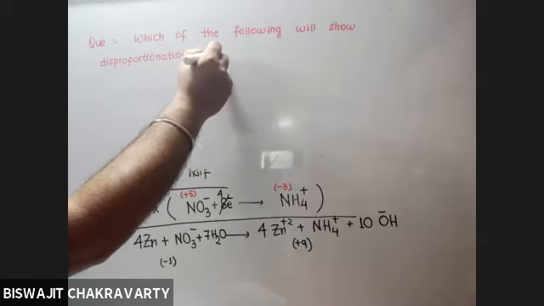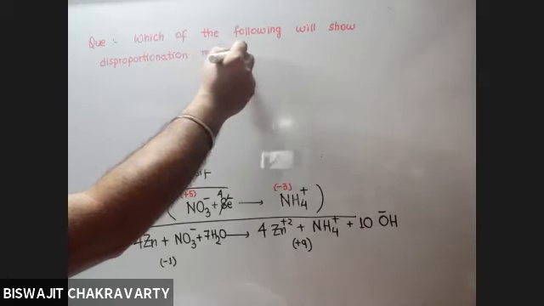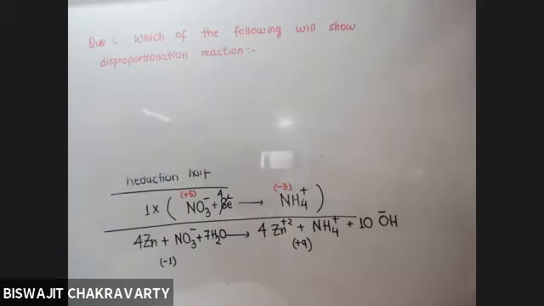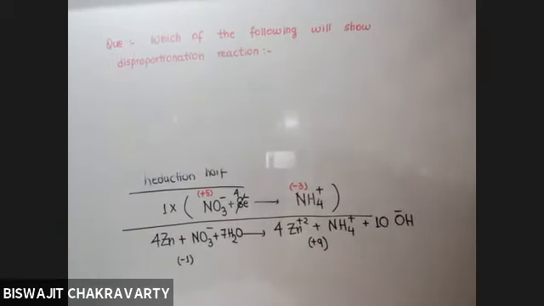What did I say? Who are capable of showing disproportionation reaction? Those elements whose oxidation number is intermediate, not at the highest or lowest, isn't it?